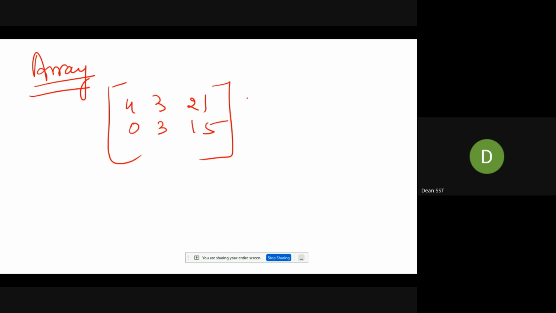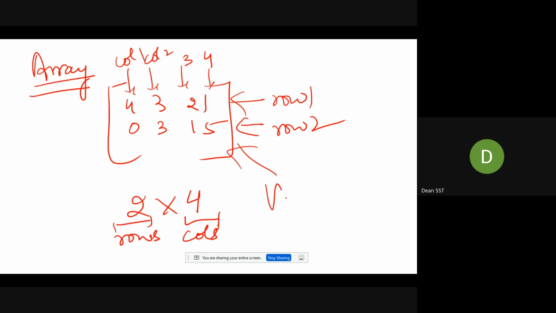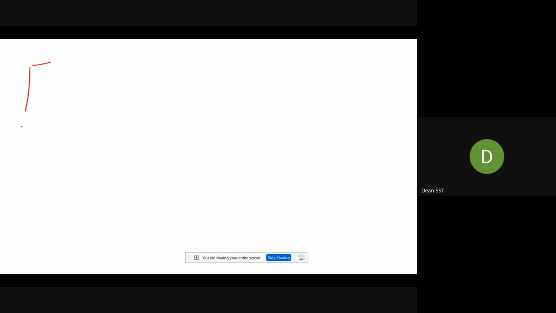How many rows are there? 2 rows. How many columns are there? 4 columns. So 2 by 4, 2 rows and 4 columns. Is it clear? So this is a matrix. In general, we can represent a matrix like this.